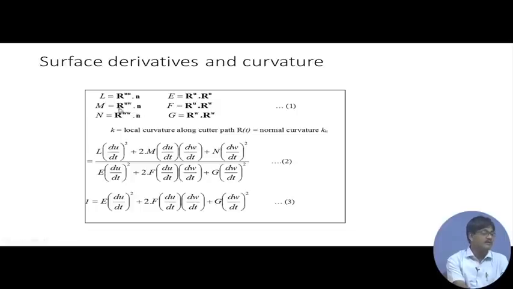So, we have these three derivatives involving double derivatives, and the first derivatives are also multiplied, like r_u dot r_u, the derivative of the surface with respect to u dot producted with itself, equal to a term called E, F as r_u dot r_w, and G as r_w dot r_w. These are required for finding the curvature of the surface.